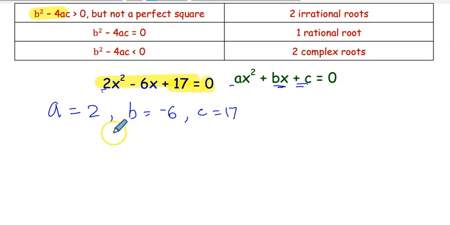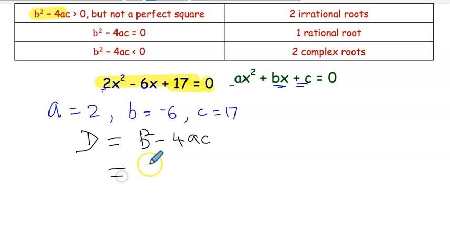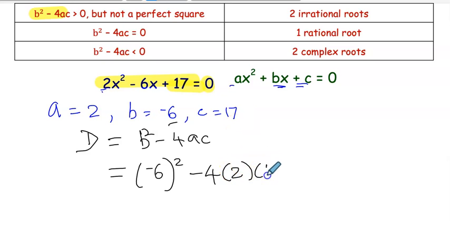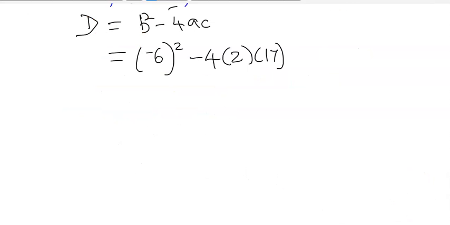Then find your discriminant. D is equal to b square minus 4ac. Substitute the value of b, which is negative 6. I am replacing this b with negative 6 and squaring, minus 4 times a is 2 times c is 17. What do you get from that?